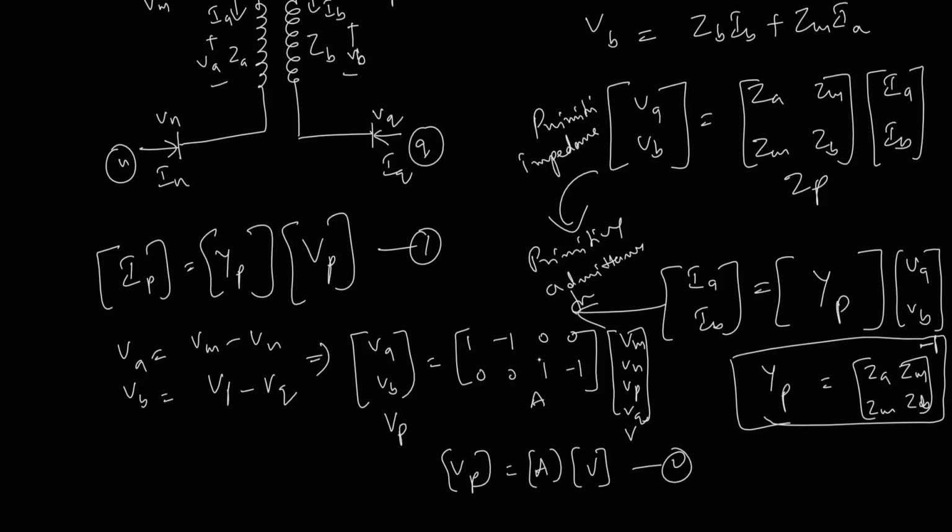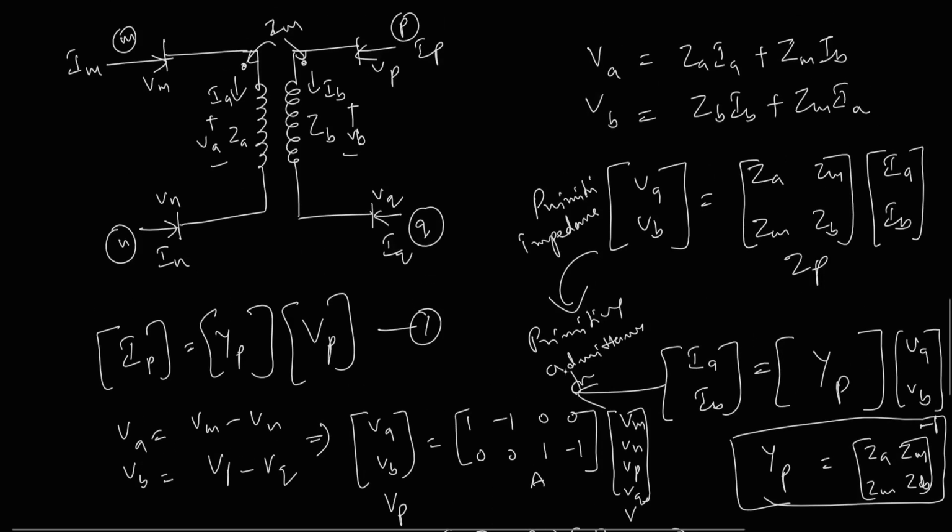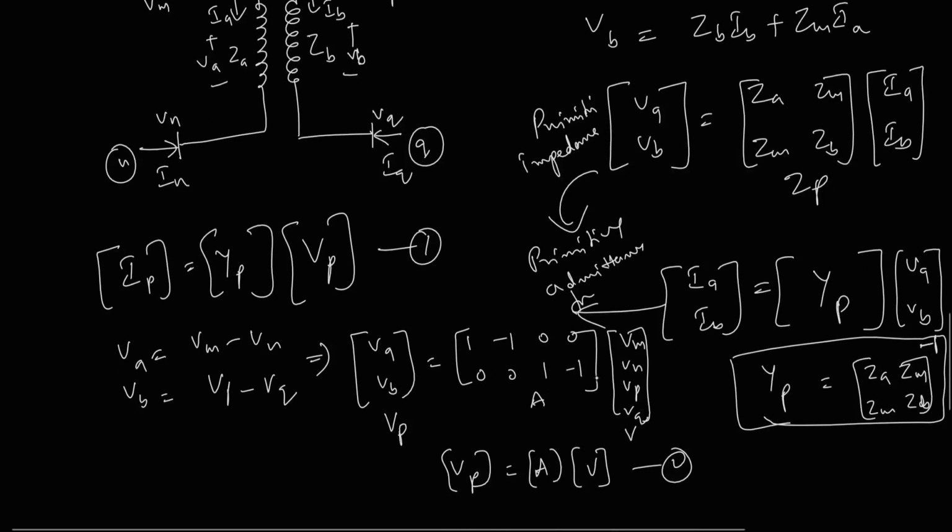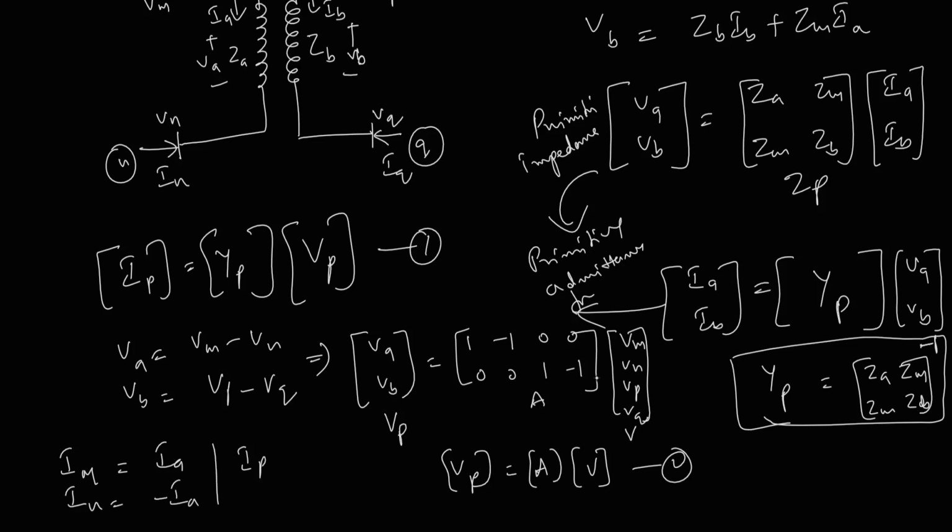This is the second relation. Now coming to the current relationships, let me write down nodal currents. IM is equal to IA, and IN is equal to minus IA, and IP is equal to IB, and IQ is equal to minus IB.